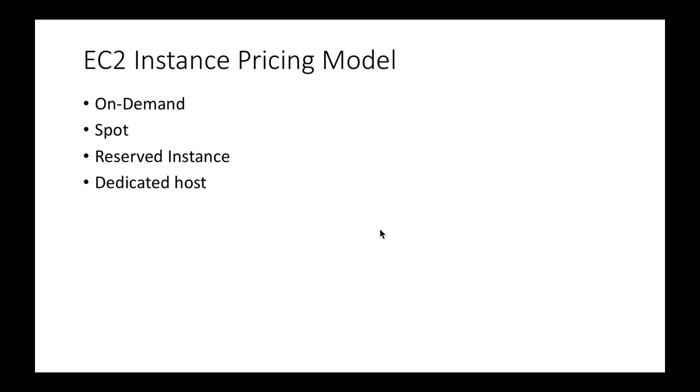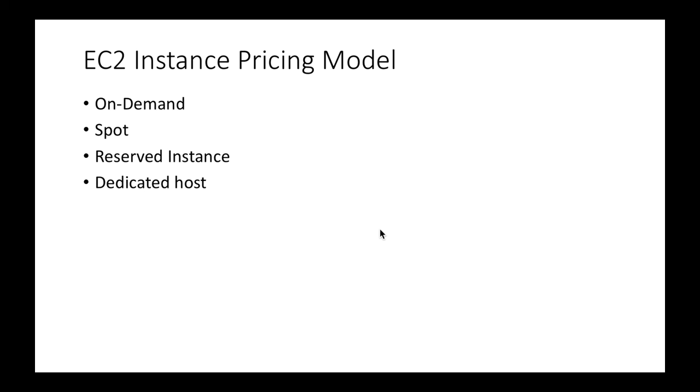And then there's a fourth category, we call it dedicated host. Dedicated host is for when you have some kind of government requirement or auditory requirement where you do not want a shared tenancy model, right? Because Amazon EC2 works on shared tenancy, meaning multiple people are using the compute power from one single server, which is virtually divided.